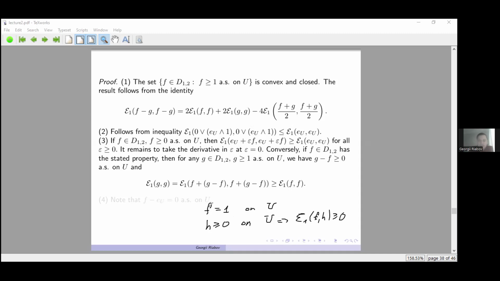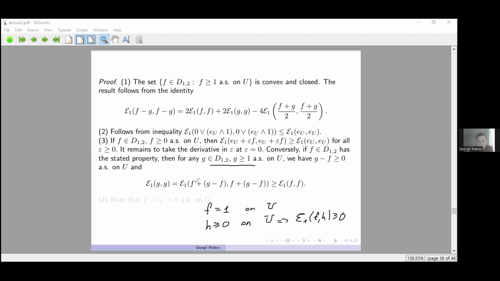And I want to show that f actually coincides with EU. Consider a function g which is greater or equal to 1 on U, then the difference g minus f will be non-negative on U. Now estimate the E1 norm of g as follows.